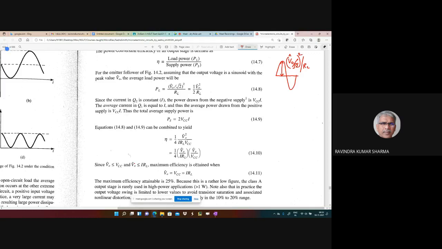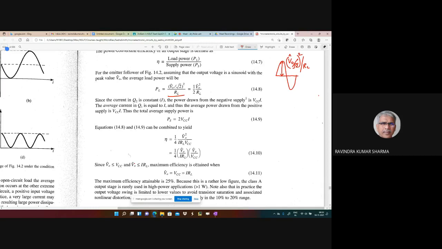Is that okay? Yes, sir. तो दैट्स व्हाट इज द लोड पावर, which is half VO square by RL.